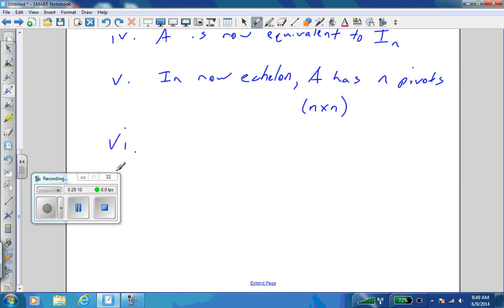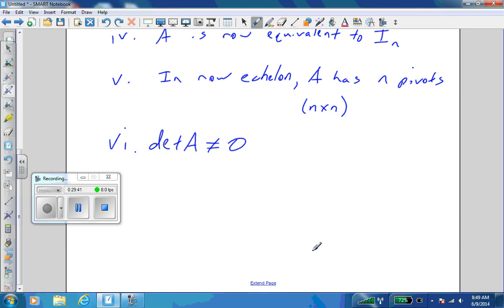And then statement 6, we mentioned this also earlier, the determinant of matrix A is not 0. If the determinant of A is 0, then it's not invertible, which means that there is not just the trivial solution to the homogeneous. There is not a unique solution to the non-homogeneous system.